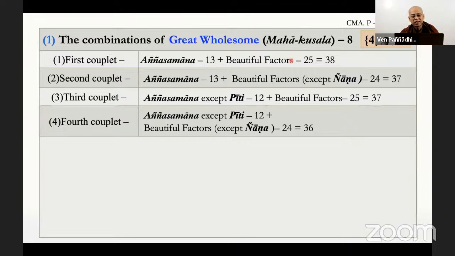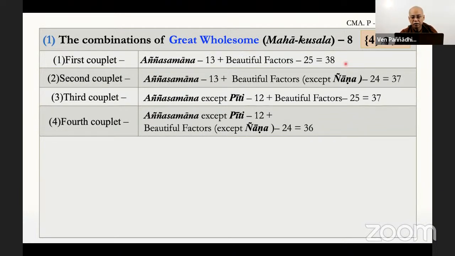33, because 5 will be an exception, right? For Mahavipaka, the Virati and Appamanna, two groups together, 5 mental factors will be an exception. So the first couplet will be 33. And the second couplet, 32. And the third, 32. And the fourth, 31. Now let's consider the Mahakiriya.